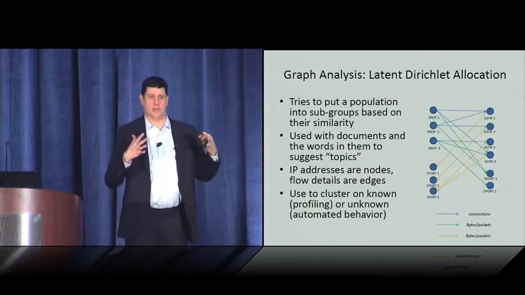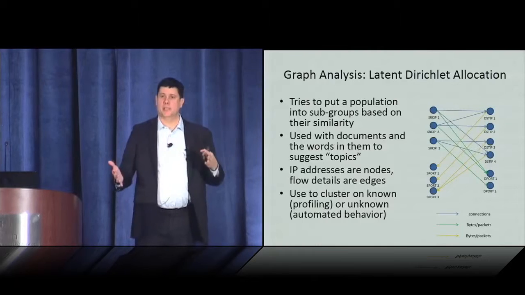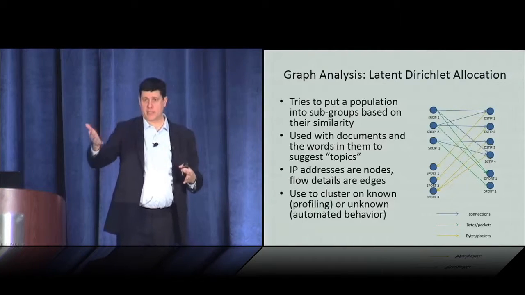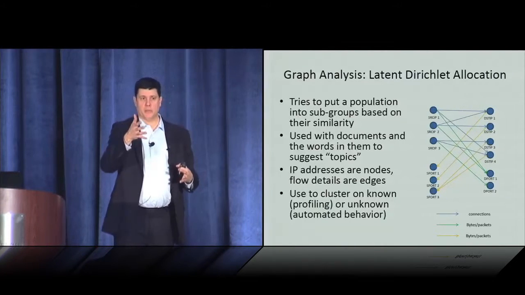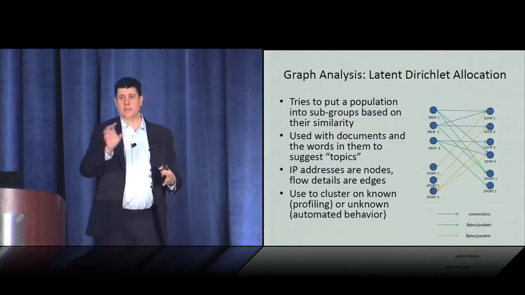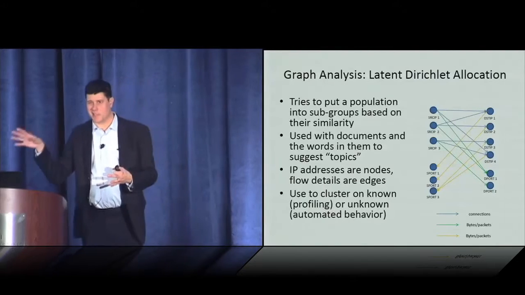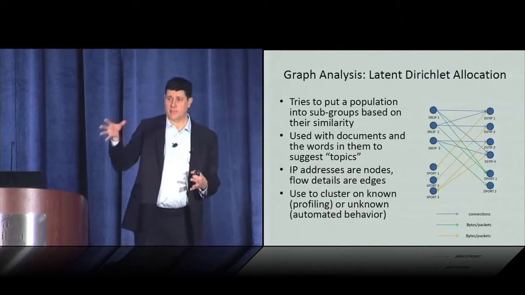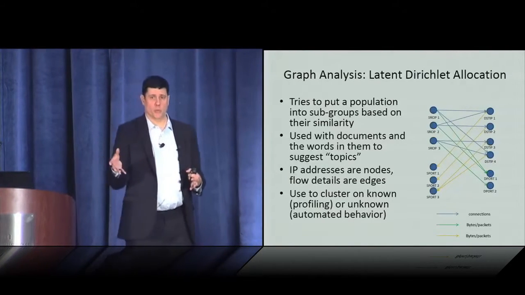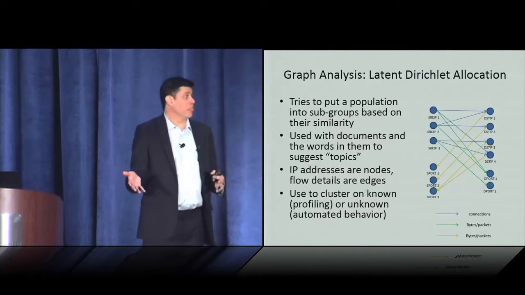Normally what it's used for is that you have these words that exist, and there are documents that have different collections of words. And the idea is that you go through this algorithm, and it gives you an idea what topic they might belong to. So it's used often with text processing, or just trying to classify different kinds of documents that might have one or more different kinds of words or keywords in them.